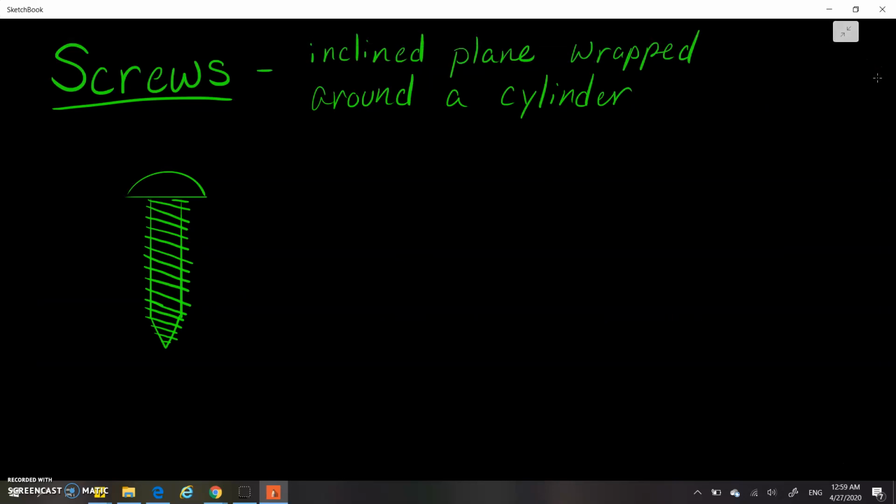Screws are inclined planes that are wrapped around a cylinder, and I've done my best to draw a wonderful little example. It's really hard to show the input and output force on this one, because when you think about the inclined plane, it's all regarding these little threads.